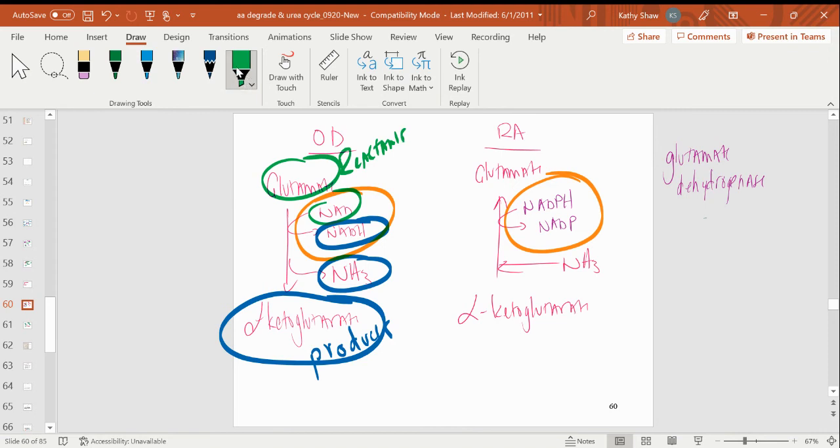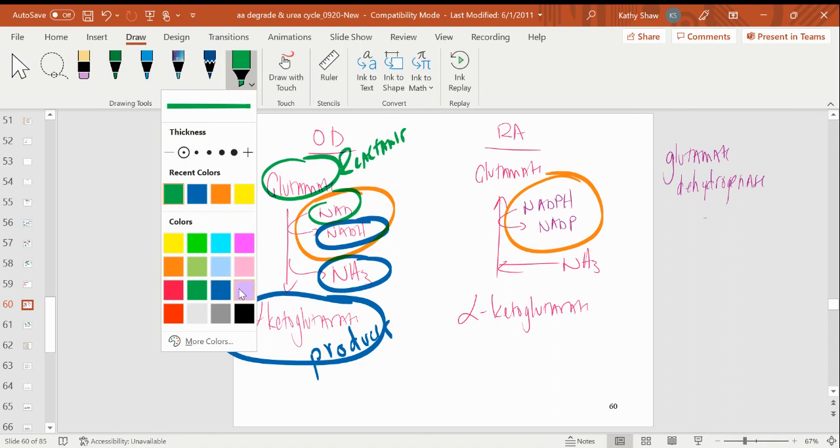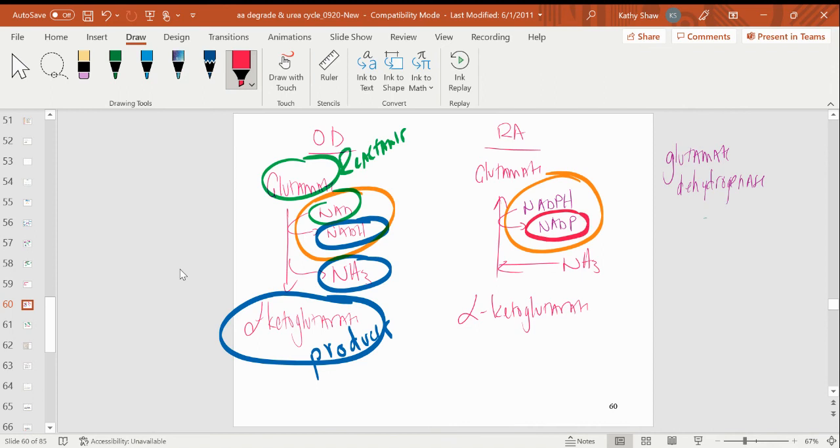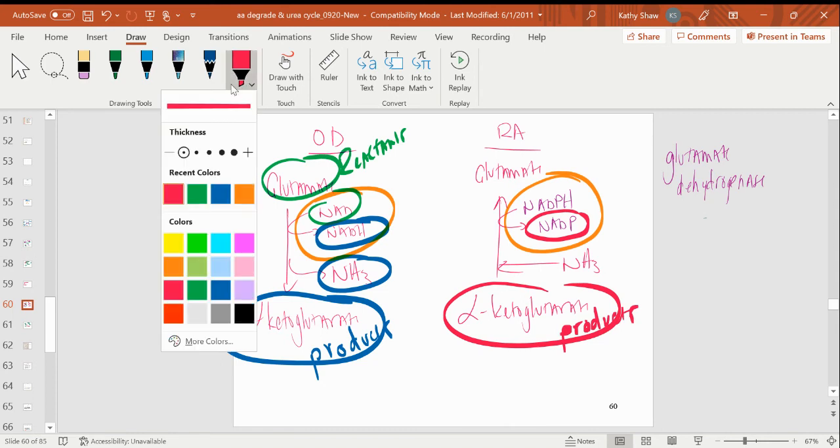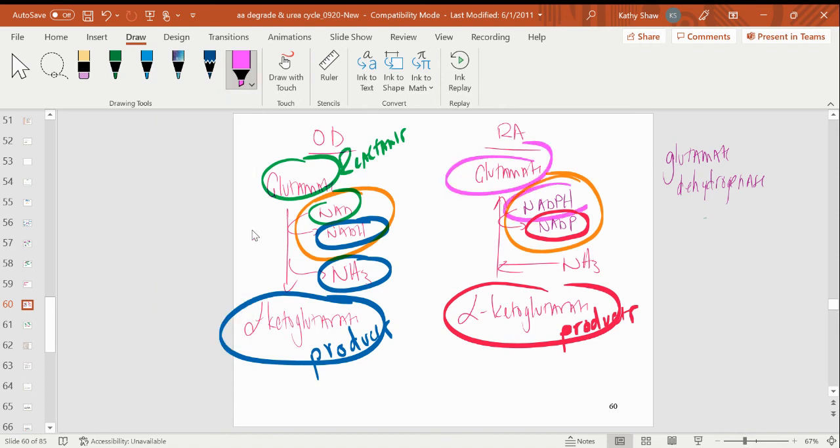Reductive amination. What are my products? My products are NADP and alpha ketoglutarate. What are my reactants? Glutamate, NADPH, ammonia.